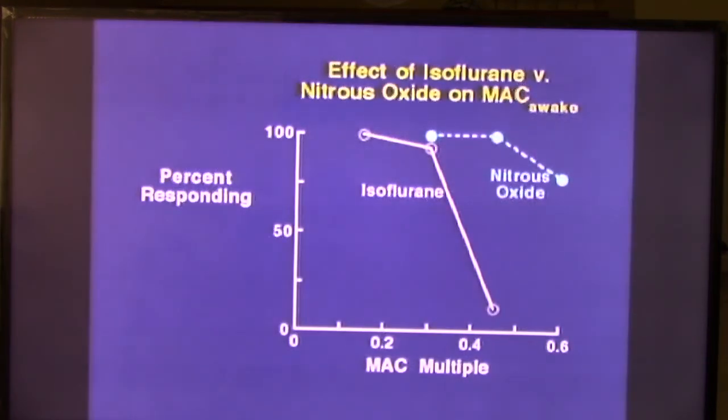But in that situation, you're saying that MAC awake is a little over 60% of MAC. Correct. With the MAC of nitrous oxide being 105. Right. So if you give, at best, 70% nitrous, you don't have a very large window between MAC awake and the maximum amount you can deliver.